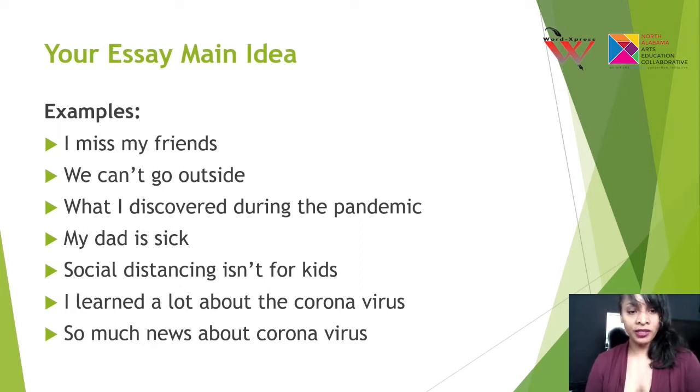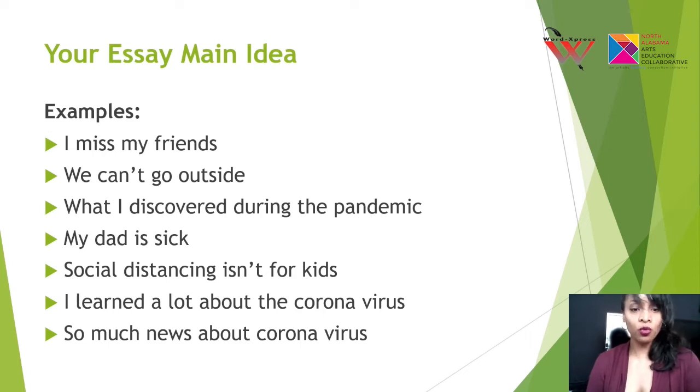So here are a few examples. I miss my friends. We can't go outside. Maybe you can, but for some people, maybe they can't. What I discovered during the pandemic. Maybe there's something new that you didn't know that you learned about during the pandemic.